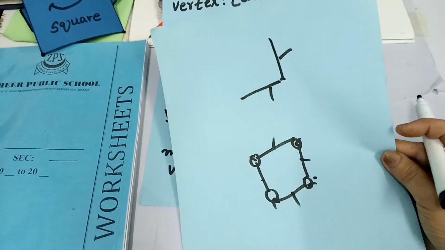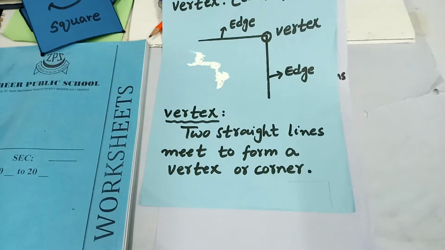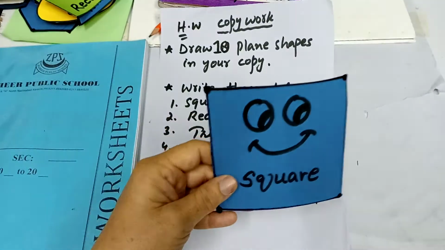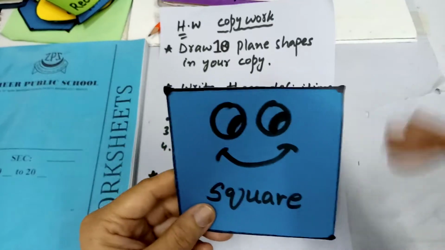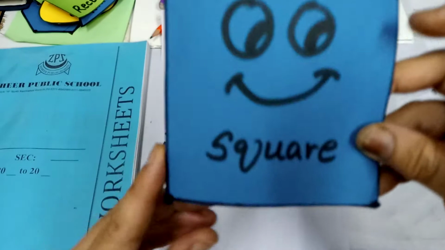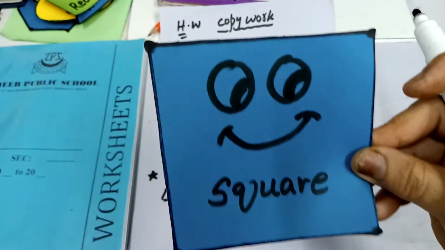Now, what shape is it? It is a square. A square has 4 sides and 4 vertices.